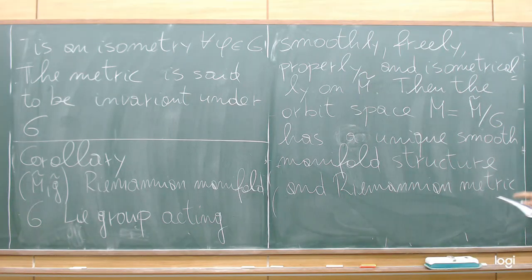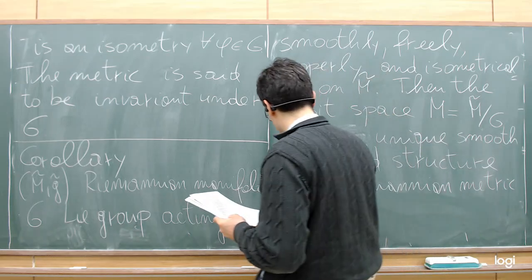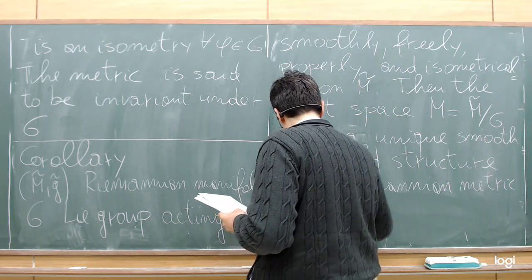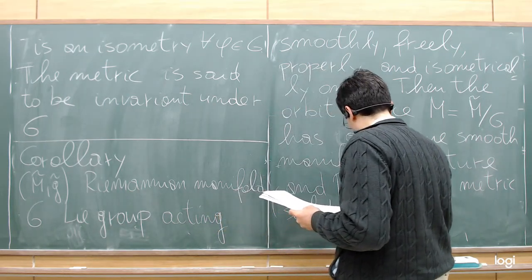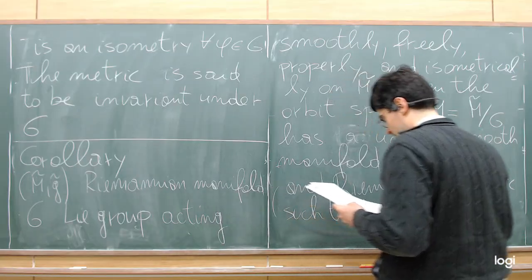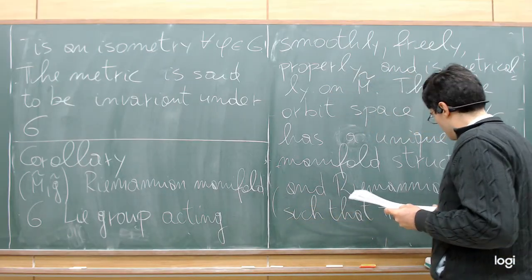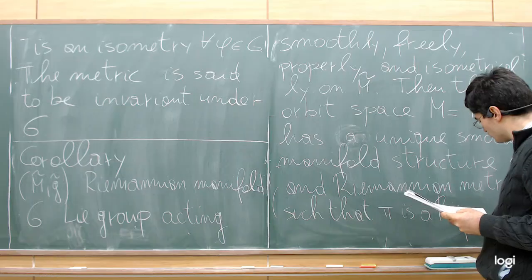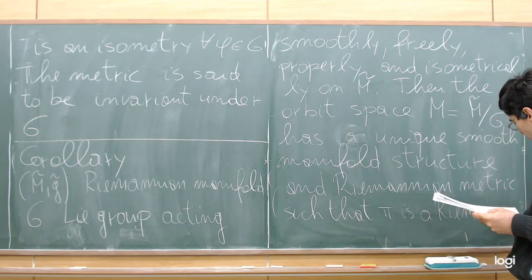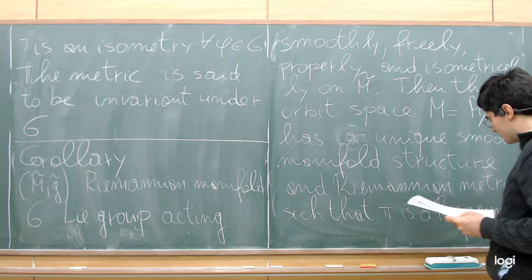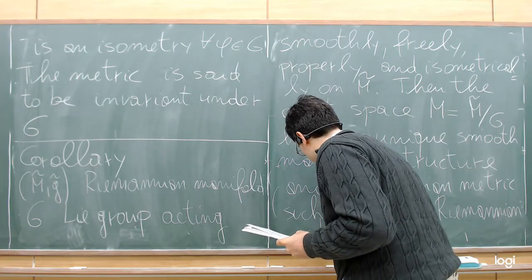So this says that this object is a smooth manifold and a Riemannian manifold, such that pi is a Riemannian submersion.